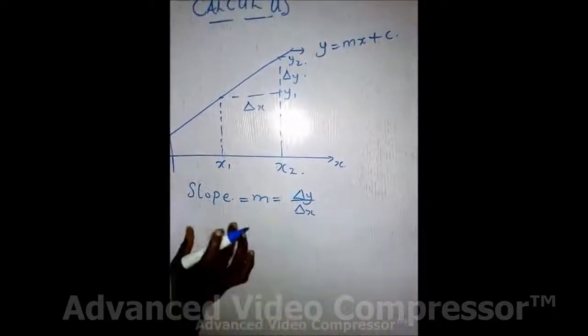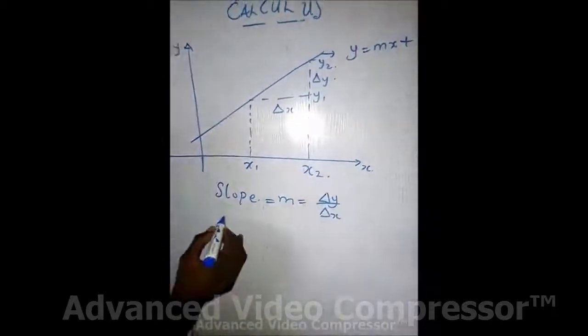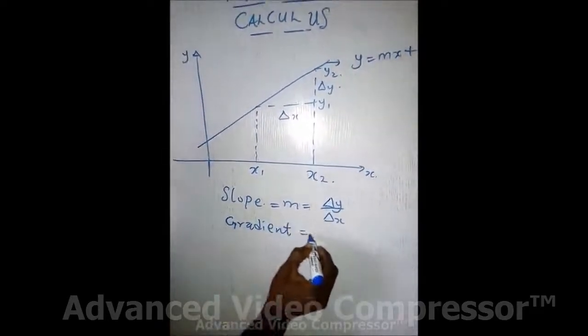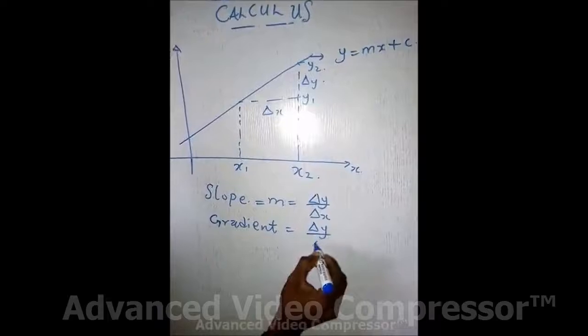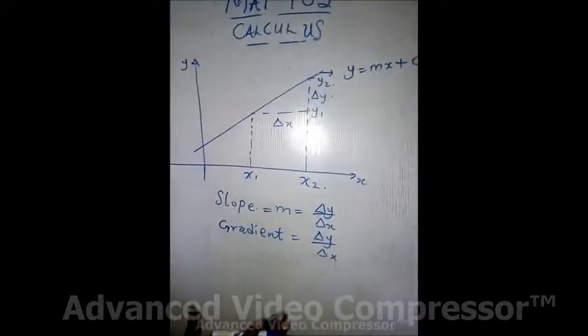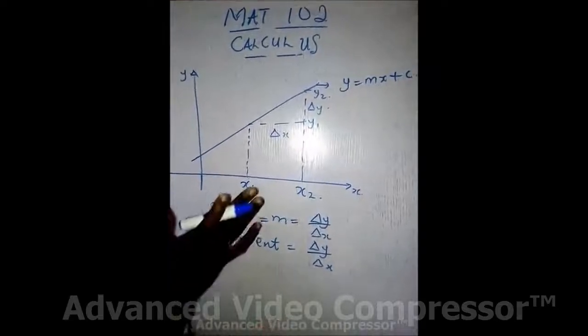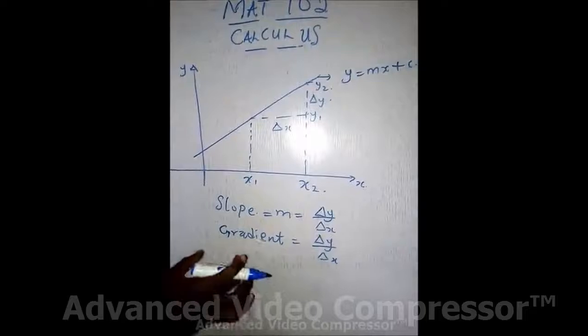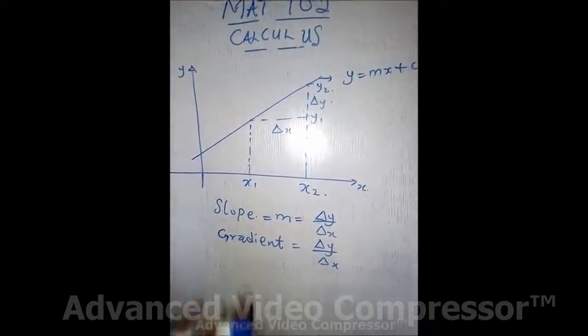So this slope is otherwise called gradient. When you say gradient, it is change in y with respect to change in x from the graph we have just drawn above. That is the geometric representation of differentiation. So differentiation is synonymous with the word gradient.